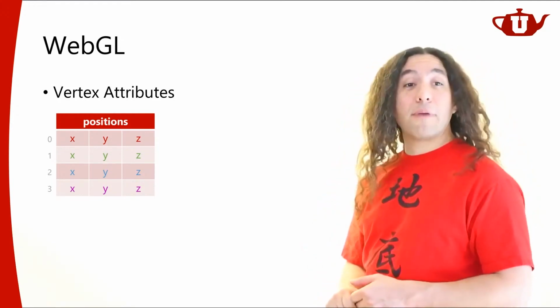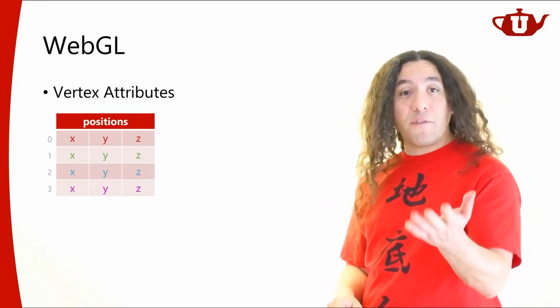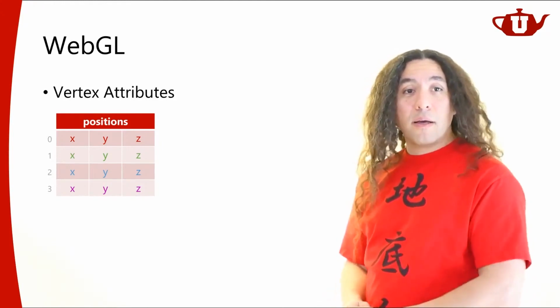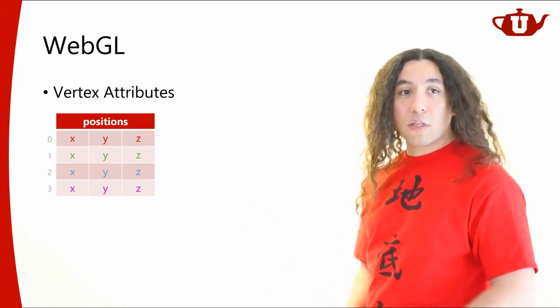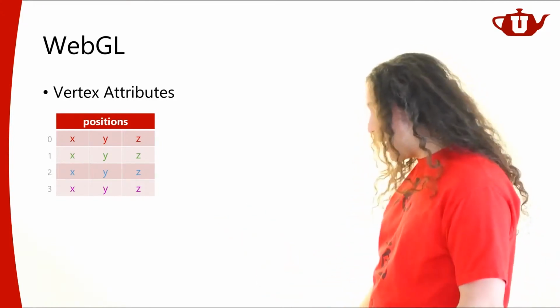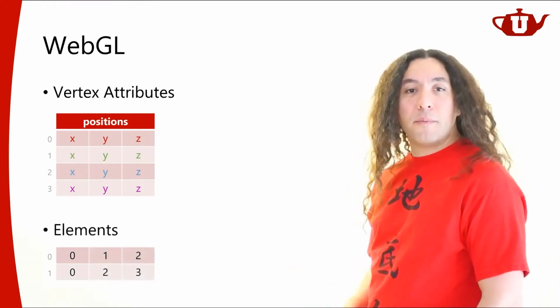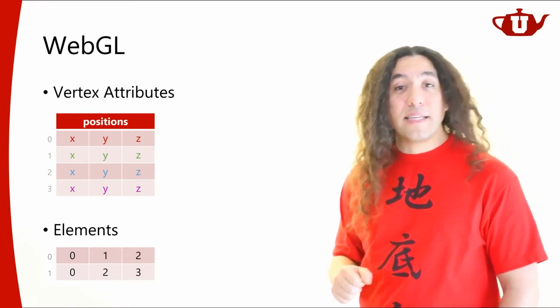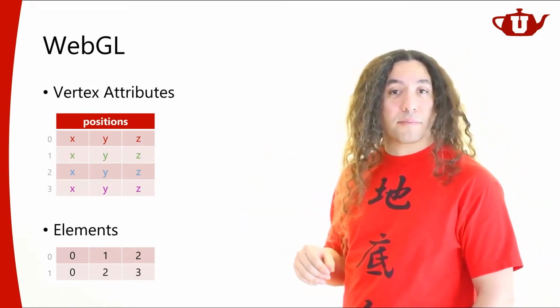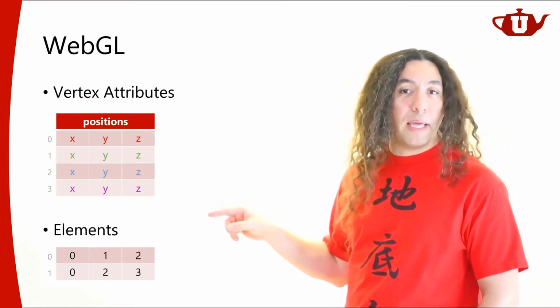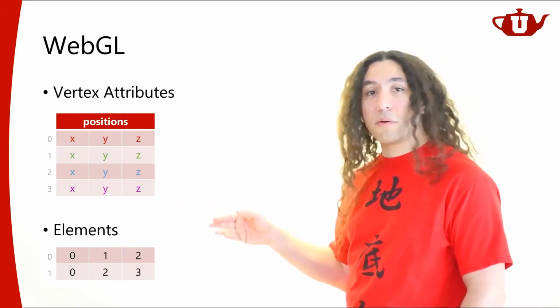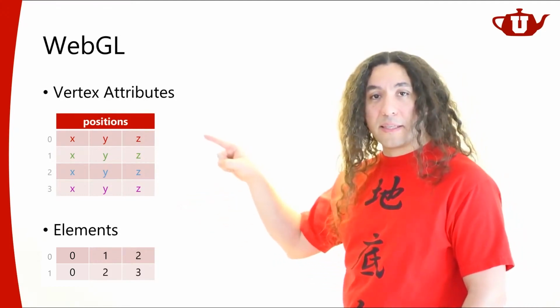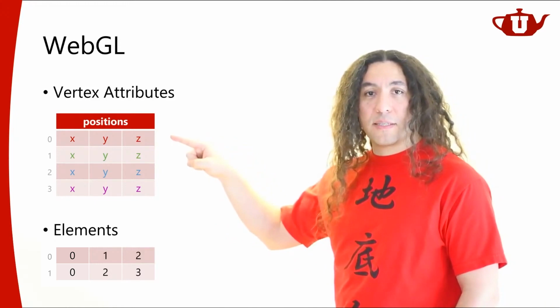So can I get around it? Well, I can. I can just define my triangles. OpenGL and WebGL will call them elements. So I can have an array of elements. An elements array will contain indices into this triangle array. So 0, 1, 2 will be the indices of these vertices.